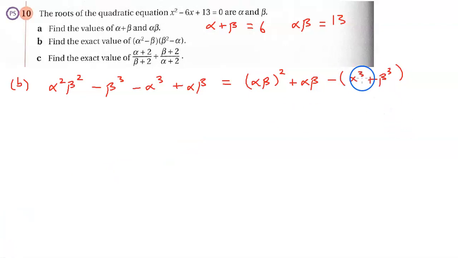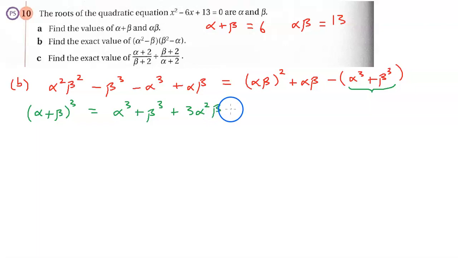Anyway, continuing on, we need a way to find alpha cubed plus beta cubed. A common theme in this section is to consider (alpha plus beta) cubed. We know that's going to be alpha cubed plus beta cubed plus, using binomial expansion, 3 alpha squared beta plus 3 alpha beta squared.